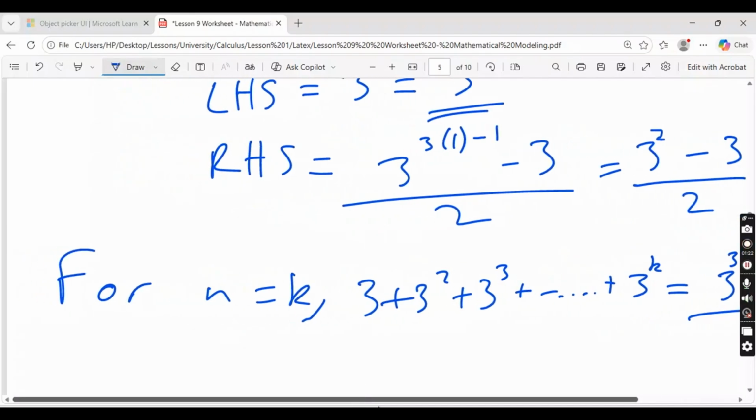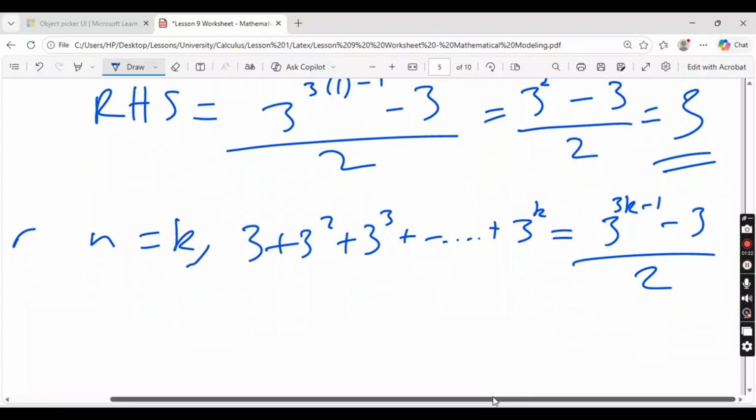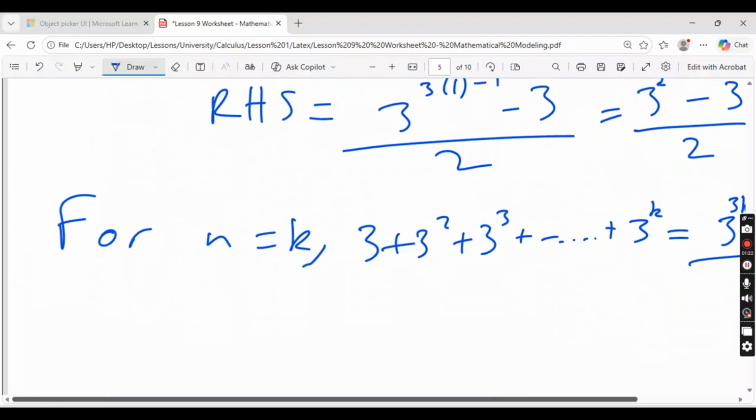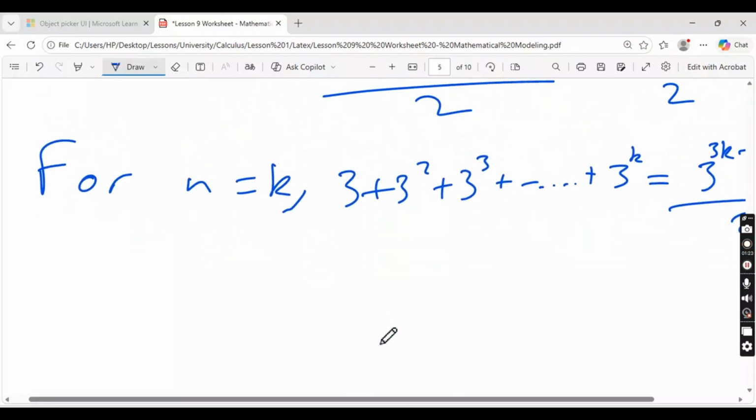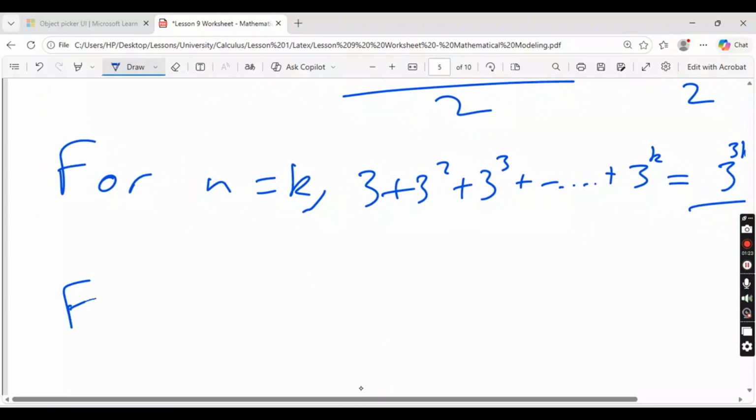Okay, what do we do next? Next, we prove n is equal to k plus 1.